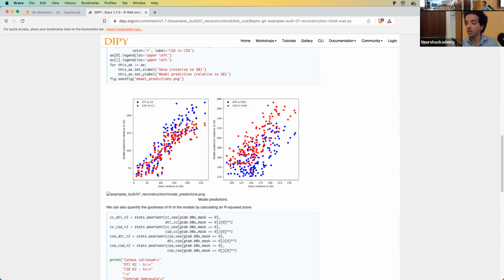And in this voxel, the method that we're using is fitting the model to some of the data and predicting left out data, and we're repeating that 10 times. So on the x-axis here is the data, and on the y-axis here is the prediction for every measurement. There are 150 measurements, 150 different directions that were measured. This is a voxel in the corpus callosum. It turns out that modeling the signal in the corpus callosum as this kind of ellipsoid is almost as good in terms of accuracy as modeling it as a combination of weird bumps and blips.